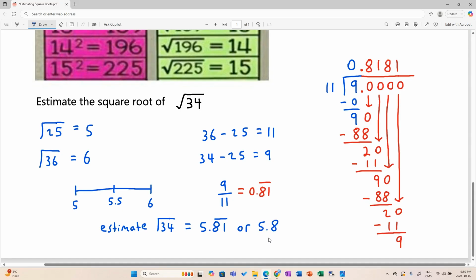In this case, the actual answer for that is going to be 5.83095 dot dot dot. So 5.8 if I round it to the nearest tenths.